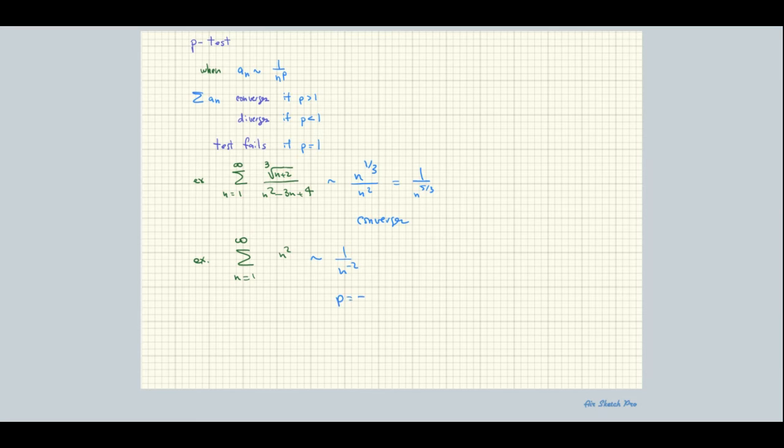And that would be p is equal to negative 2. Yes? And you can say it's less than 1, right? Yeah? So I'm going to point out something here. And this means that it fails via the p-test. Yes? Everybody sees that? Negative 2 is less than 1, so it's going to fail via the p-test.